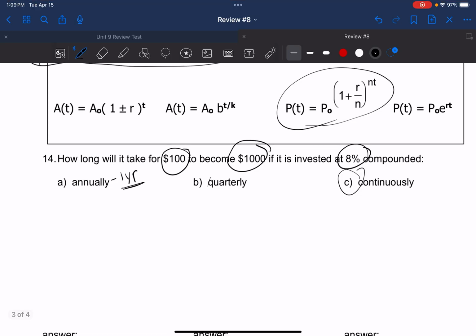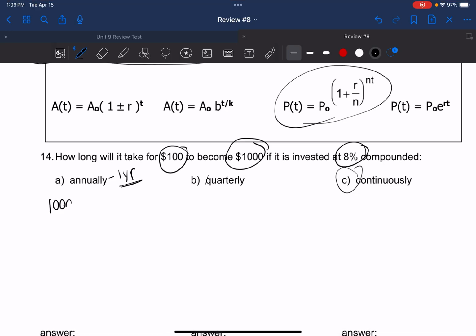So I'm going to have 1,000 is equal to 100 times 1 plus our rate, which was 8%, which would be 0.08 as a decimal, over number of times per year. Annually, we said means once a year, raised to the n times t. Well, n, we said was once a year, so this would just be 1t, or t.